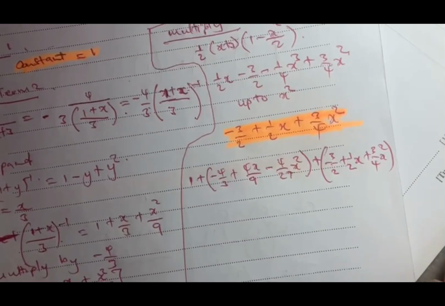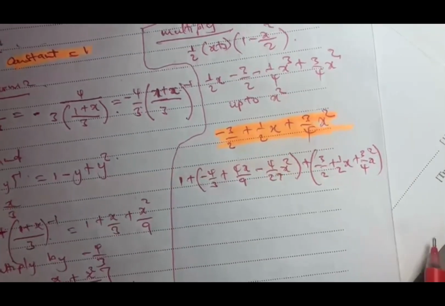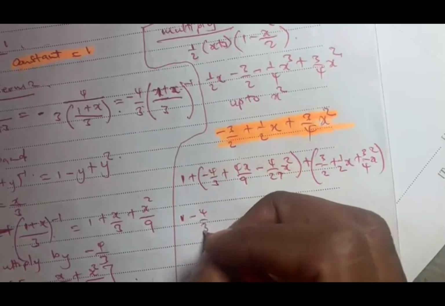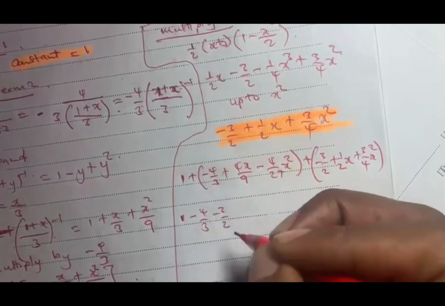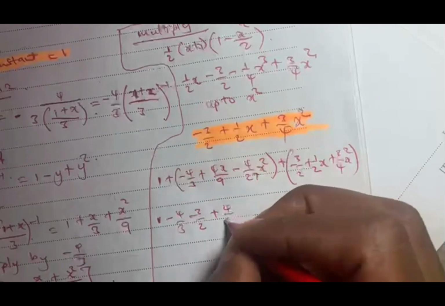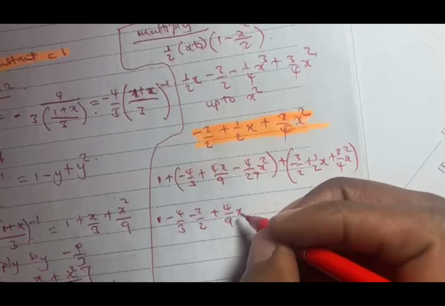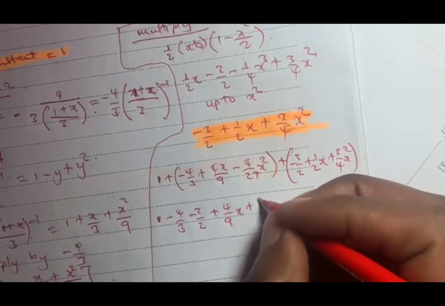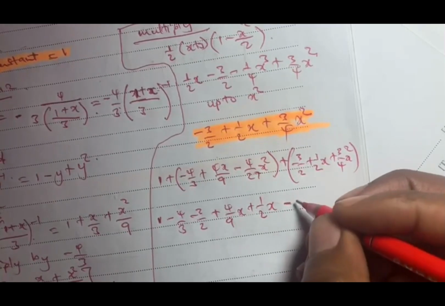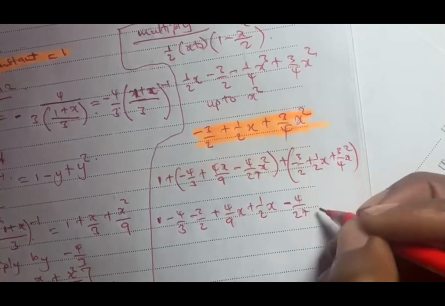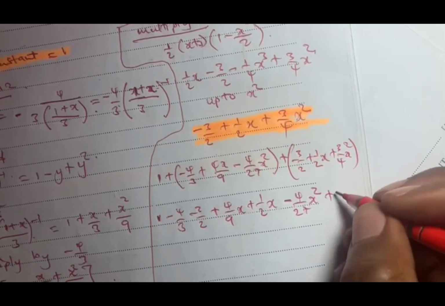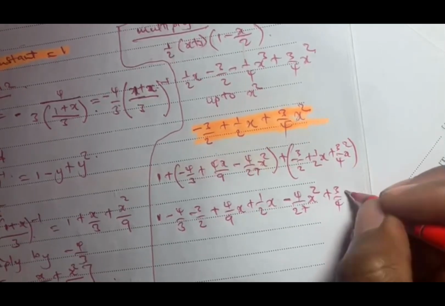Then collect like terms. The constant terms: 1 minus 4 over 3 minus 3 over 2. The terms in x: 4 over 9 x plus half x. The terms in x squared: minus 4 over 27 x squared plus 3 over 4 x squared.